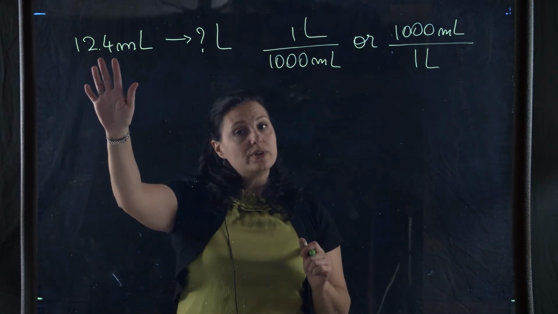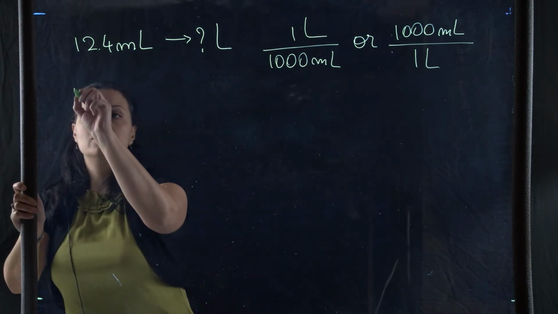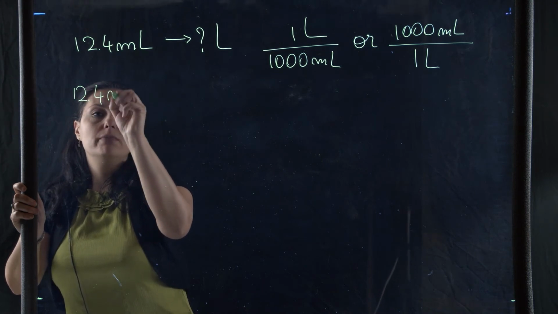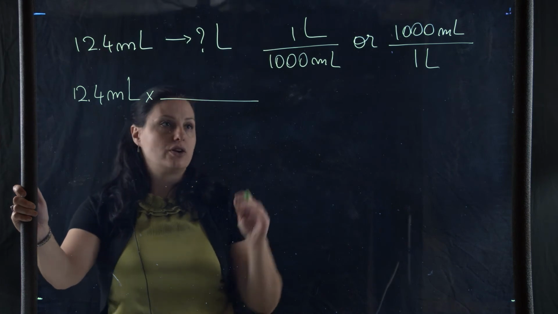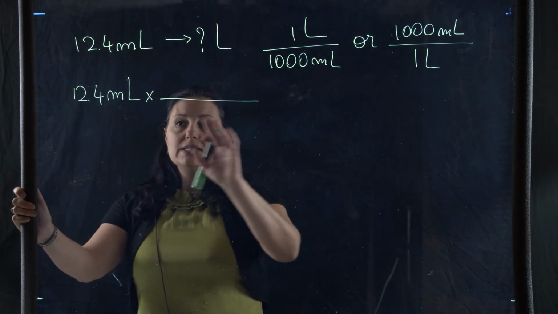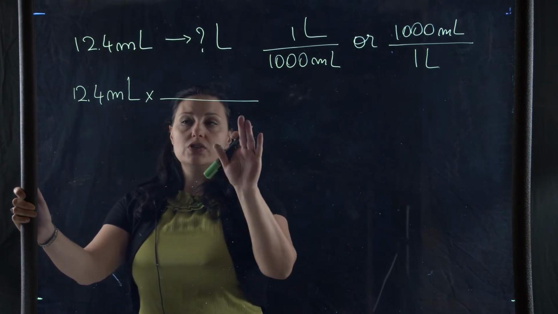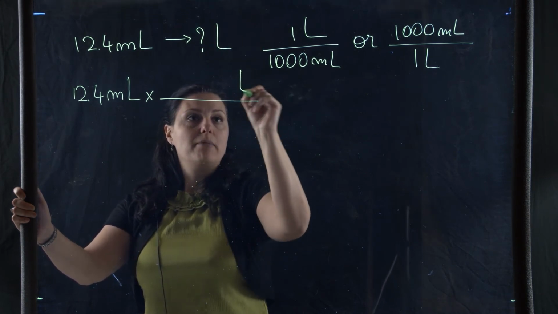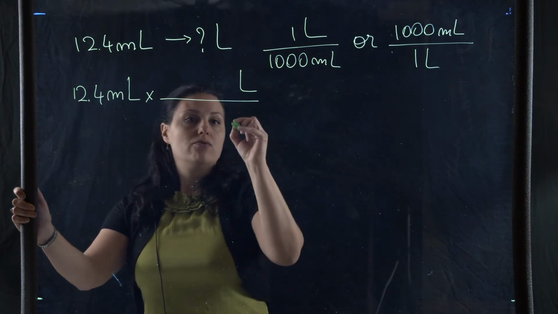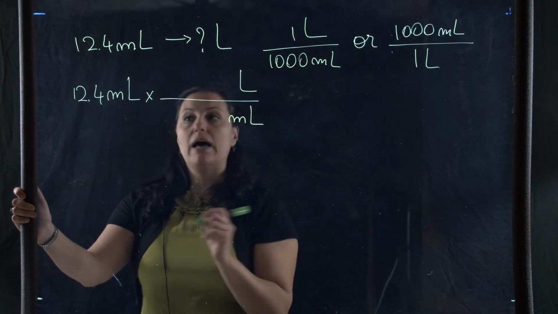So let's start with the number that we're given. We're given 12.4 milliliters times my conversion factor, which will be written in such a way that I want milliliters at the bottom and liters at the top, because that's what I'm asked. I'm asked for liters, and I want to get rid of milliliters, so they're going to be on the bottom.